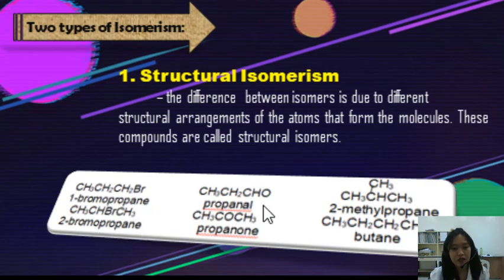Next, you have propanol and propanone. Okay, so dito, ganun din. Same numbers and kinds of atoms, pero magkaiba sila sa structure. Okay, so nakuha na yung structural isomerisms. The difference is due to the different structural arrangements of atoms.